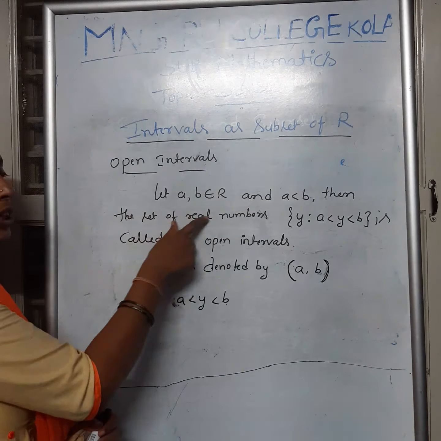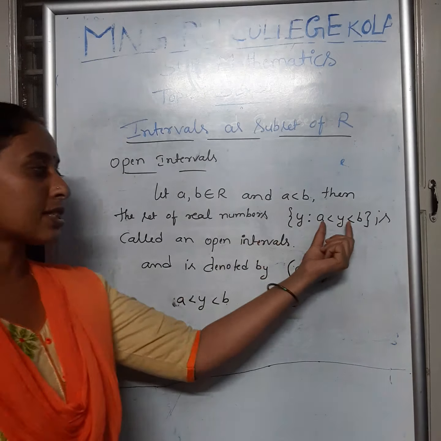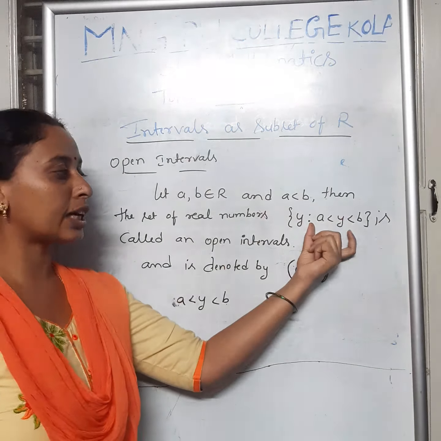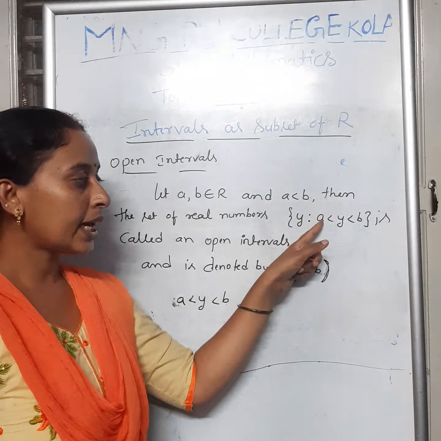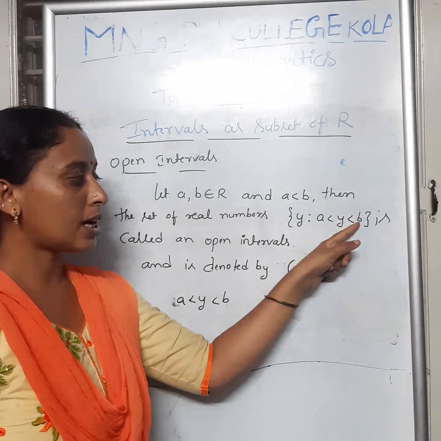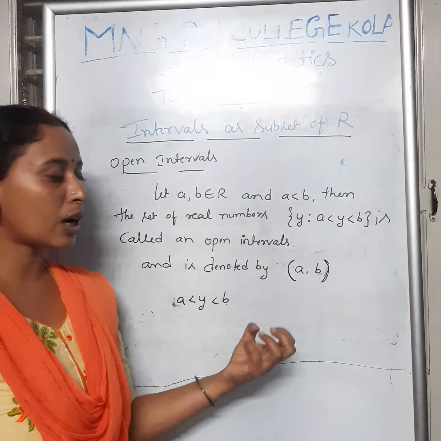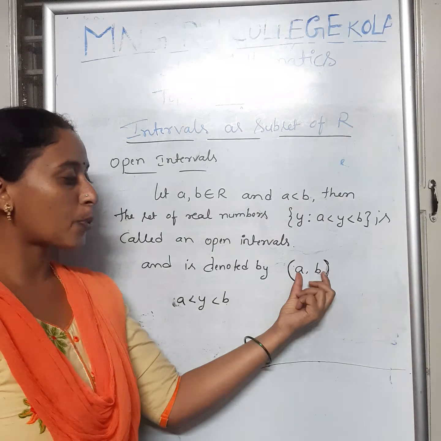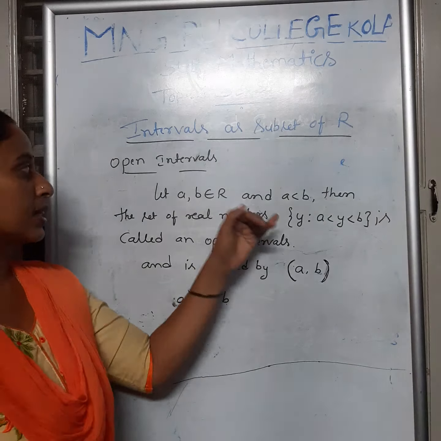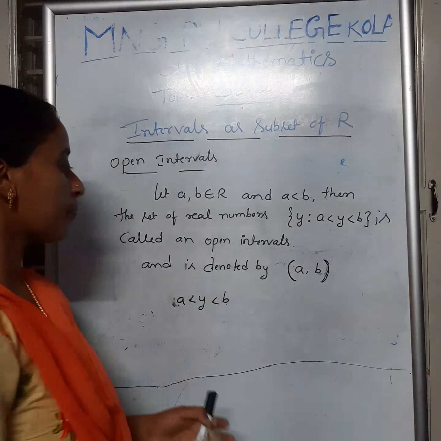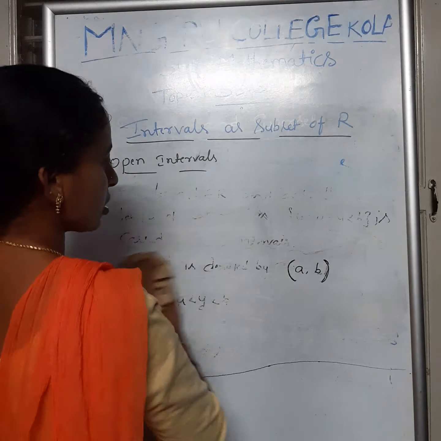Then the set of real numbers y such that this condition holds indicates the open interval. This is very important. So a less than y less than b is called an open interval, because the limit points are not included; the real numbers before them are what we consider. That is the open interval. Okay. Then let's take the closed intervals.